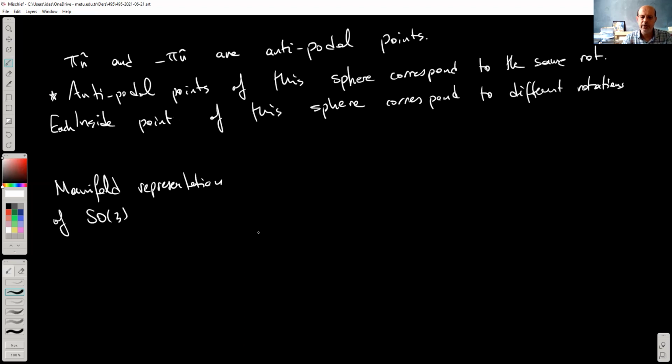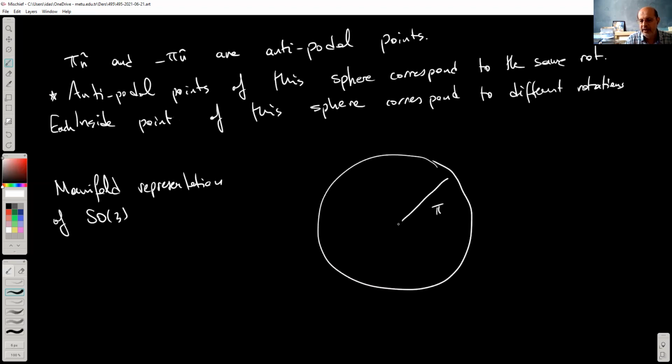This is some kind of a way of picturing the rotations in SO3, right? This is a sphere with radius pi with antipodal points at the surface identified, right?